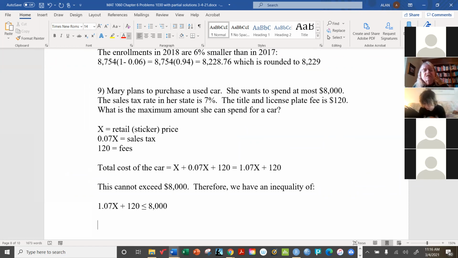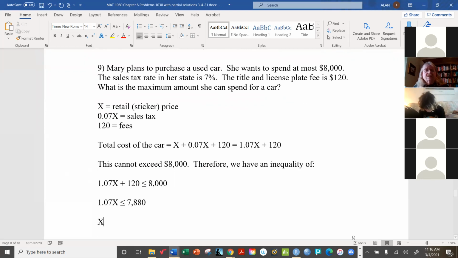So the first thing I'm going to do is subtract 120 from both sides. And let's see what I get. And now, of course, I'm going to divide both sides by that 1.07.